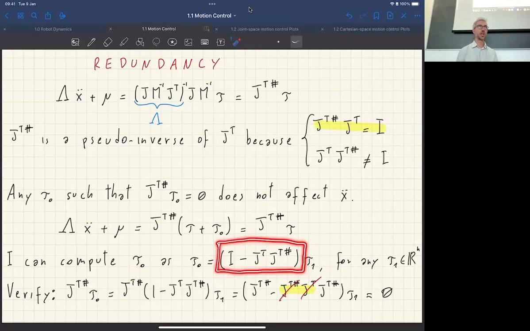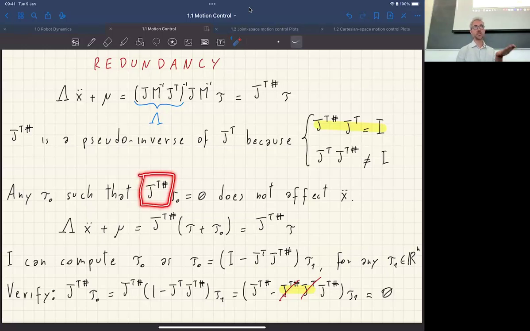So it's a matrix that projects any vector into the null space of another matrix. In particular, here we are projecting into the null space of this matrix here. Because if we are in the null space of a matrix, it means that when we multiply by that matrix, the result is 0. That's the definition of being in the null space. So these are all concepts that you probably have seen in your linear algebra classes, first year of engineering. So I guess a long time ago.